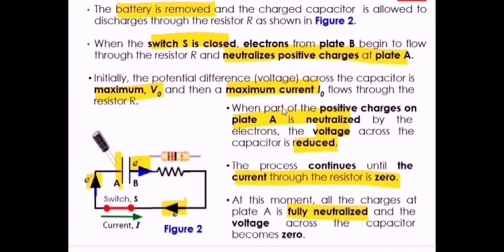So now we have equal amounts of positive and negative charges at both plates, so it's fully neutralized. The current becomes zero and the voltage becomes zero. So we say the capacitor is discharged.